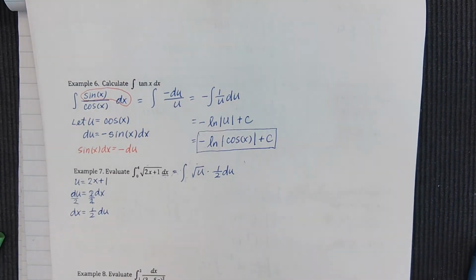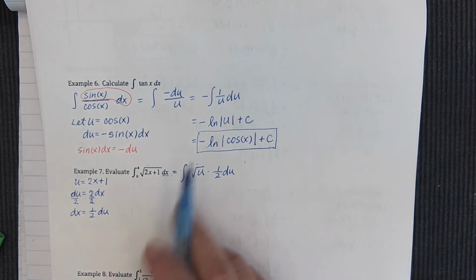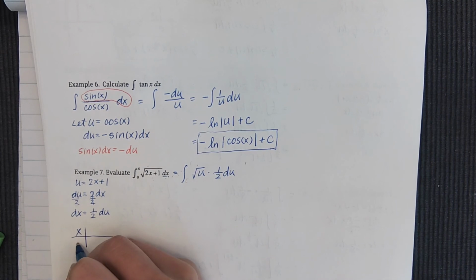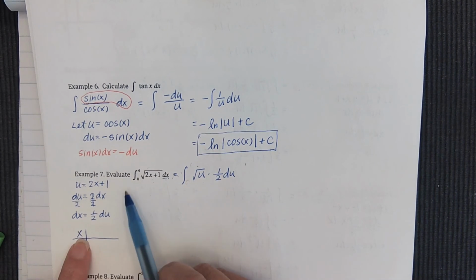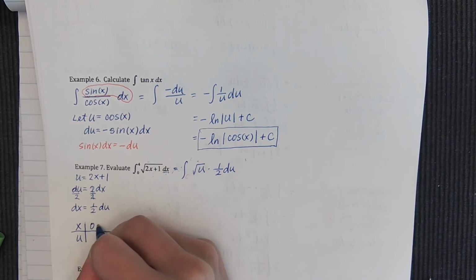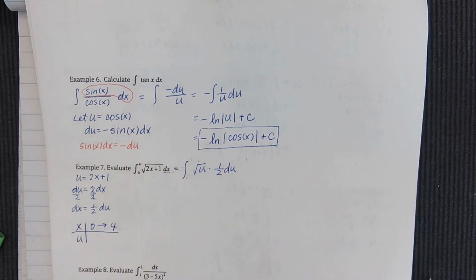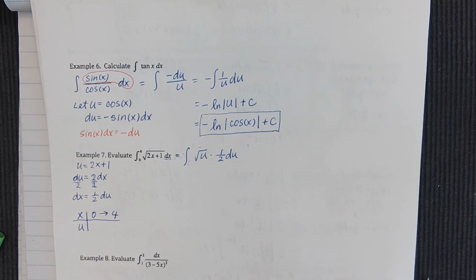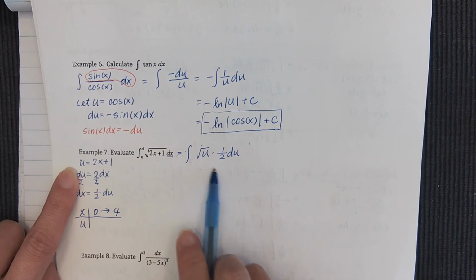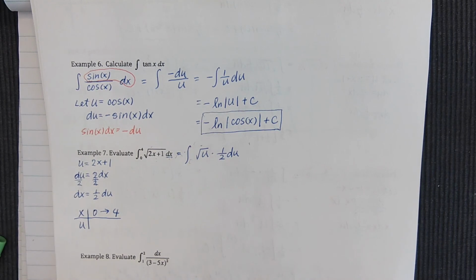A table can help you. Because I have to change to u, everything becomes u, not the x value.